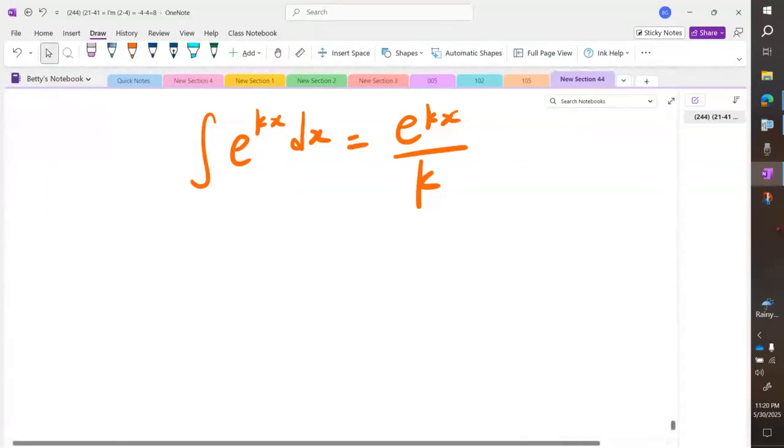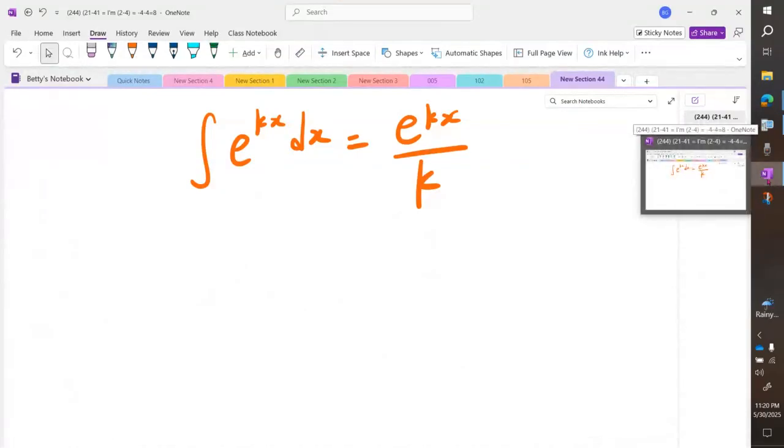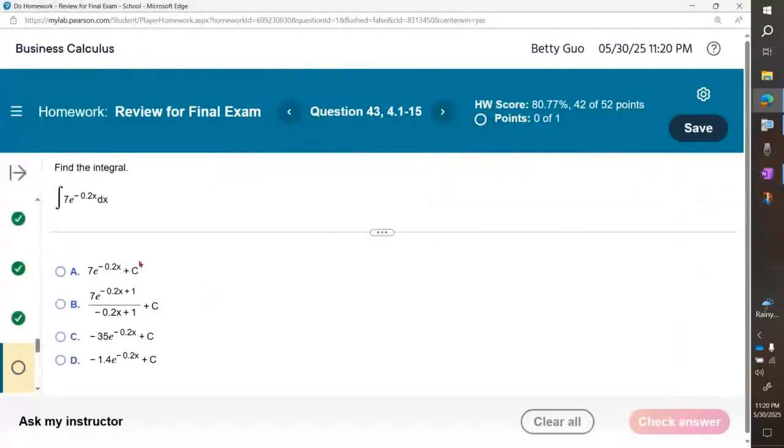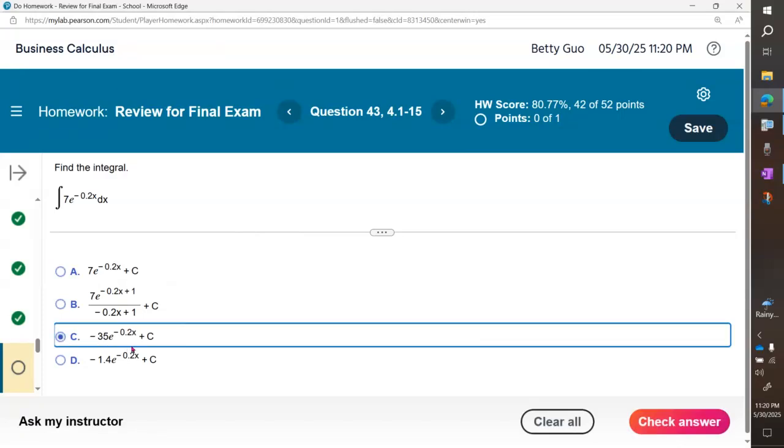Our k here is negative 0.2, so you're going to have negative 0.2 on the bottom. 7 divided by negative 0.2 is negative 35. It's this one.